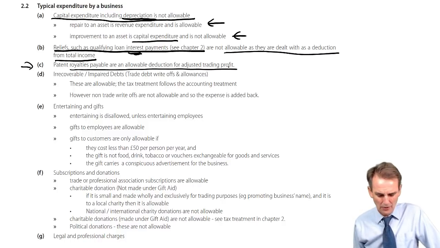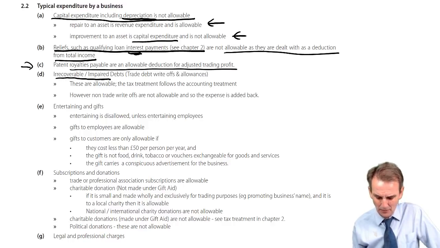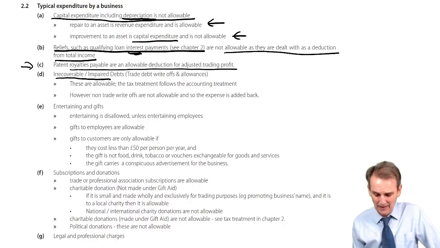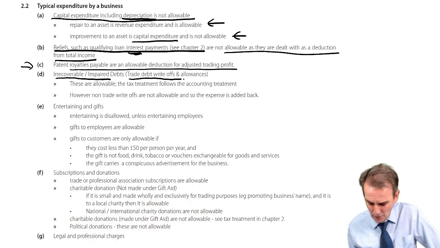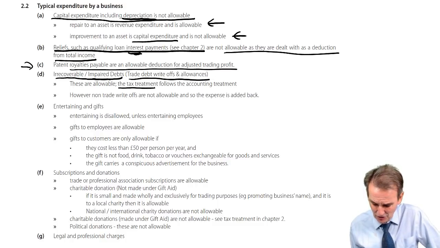What gets tested rather more often is dealing with bad debts, irrecoverable, or as the word is these days, impaired debts. If you've written off a trade debt, it's an impairment, then as per accounting, the tax treatment follows the accounting treatment and it will be allowable.